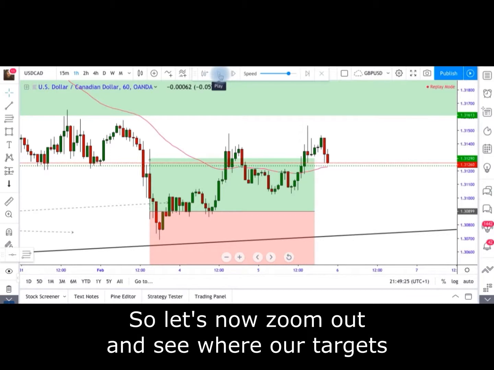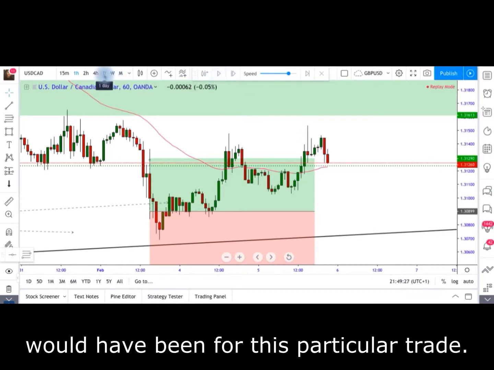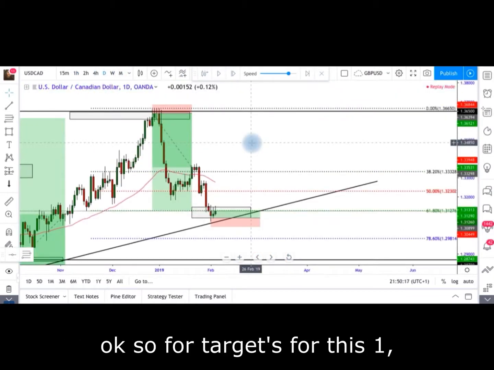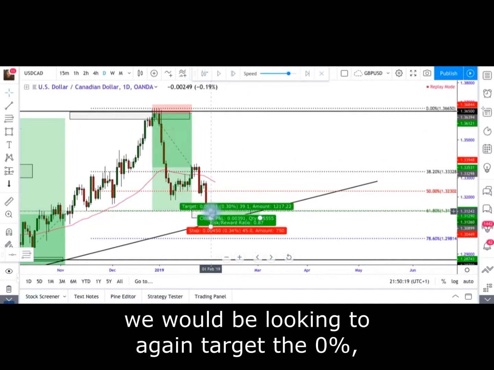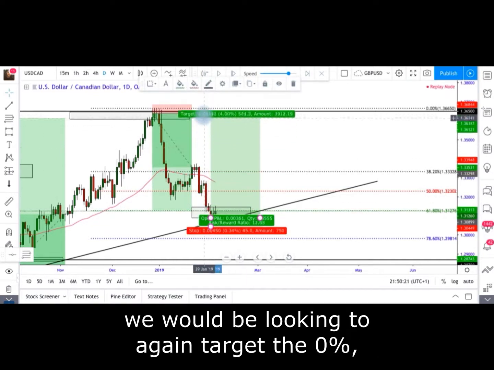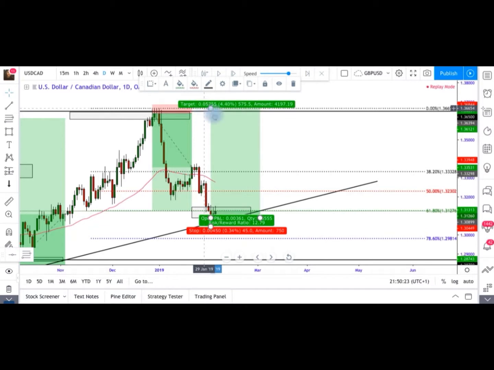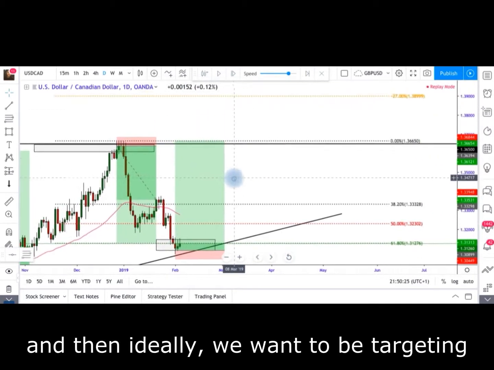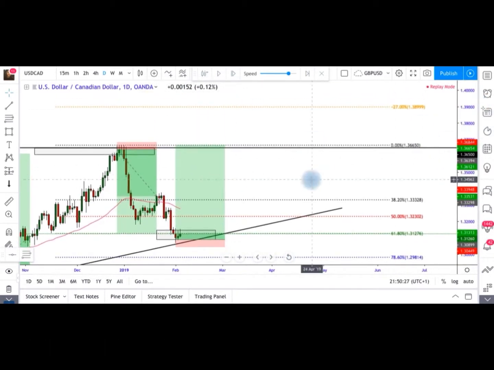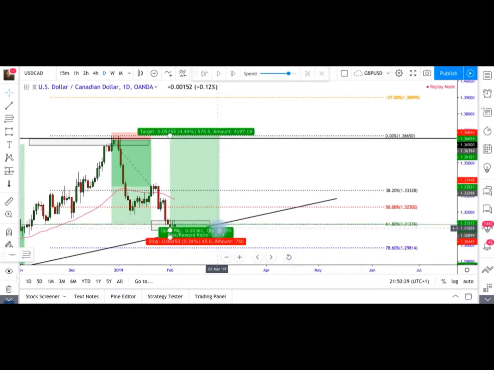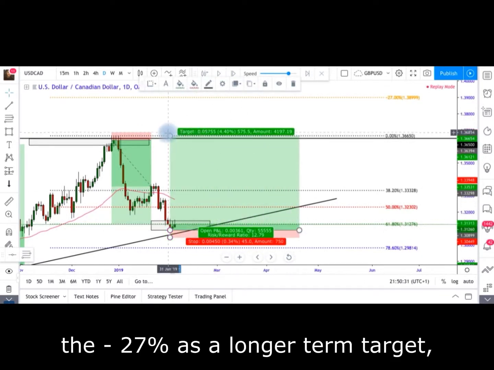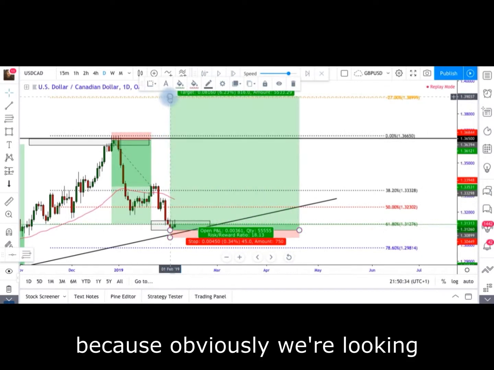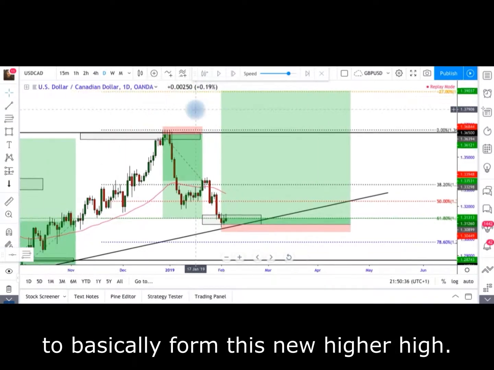So let's now zoom out and see where our targets would have been for this particular trade. Okay, so for targets for this one, we would be looking to again target the 0%. And then ideally, we want to be targeting the minus 27% as a longer term target, because obviously we're looking to basically form this new higher high.